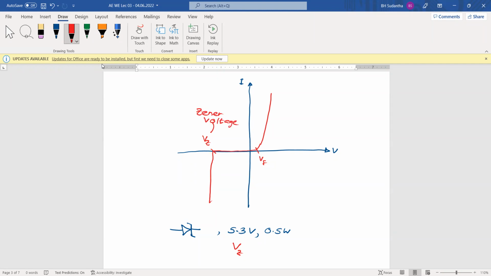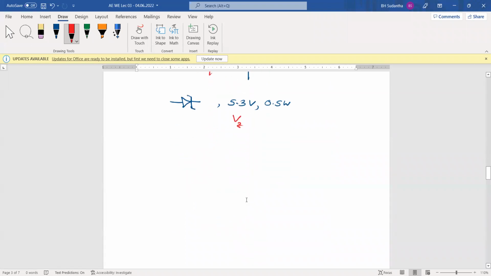And especially when you have the Zener diode data sheet, they have mentioned this. This is the Zener voltage. And what is this 0.5 watt? When you apply this, for example, we can connect this Zener diode here.